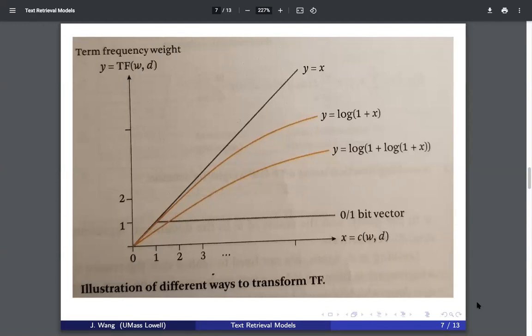So in other words, the idea of this is the following. Let's say I have a word that appears in this document, but it does not appear in the other documents. That really means this word should be a critical word, right? So we just want to find a critical word.